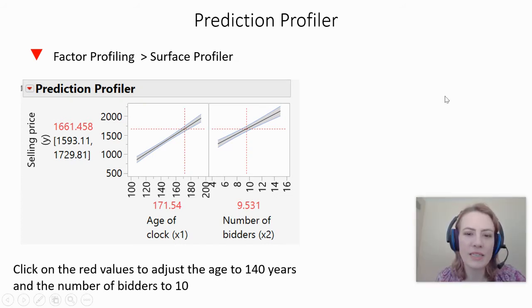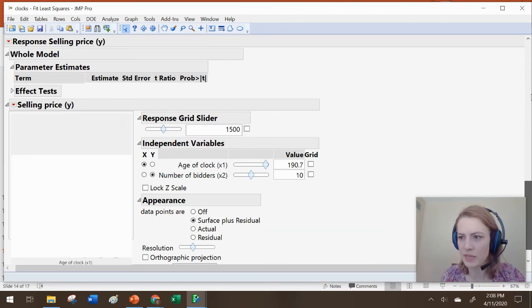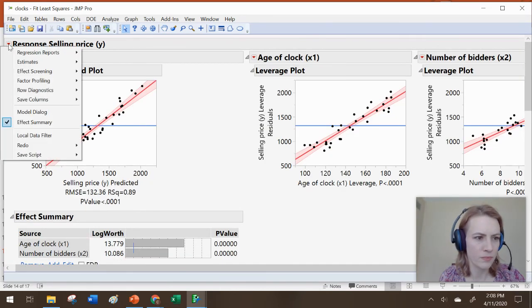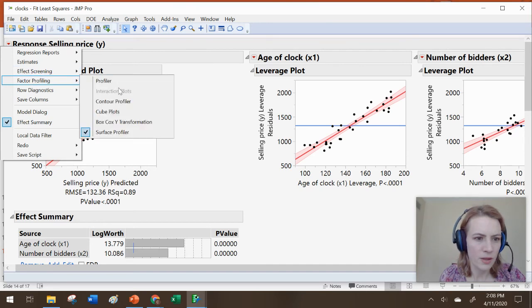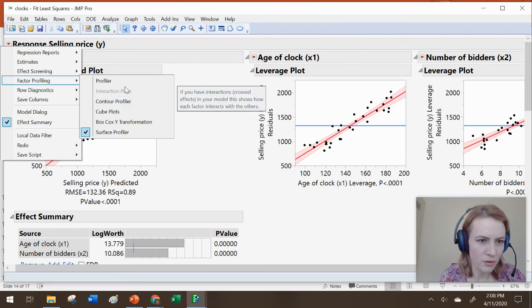Another neat tool is called the Prediction Profiler. It's in the same submenu, so again, going to the very top red triangle and then to Factor Profiling. This one's called the Profiler.